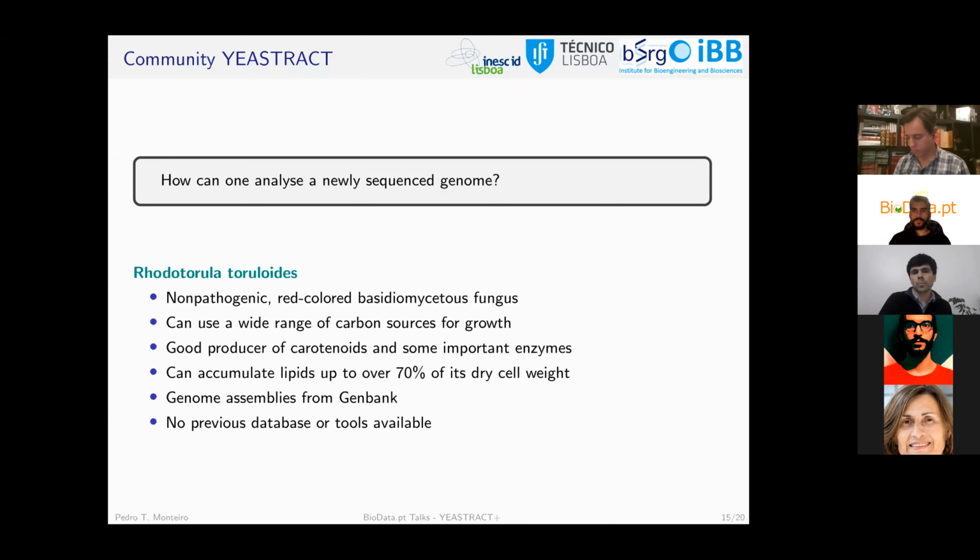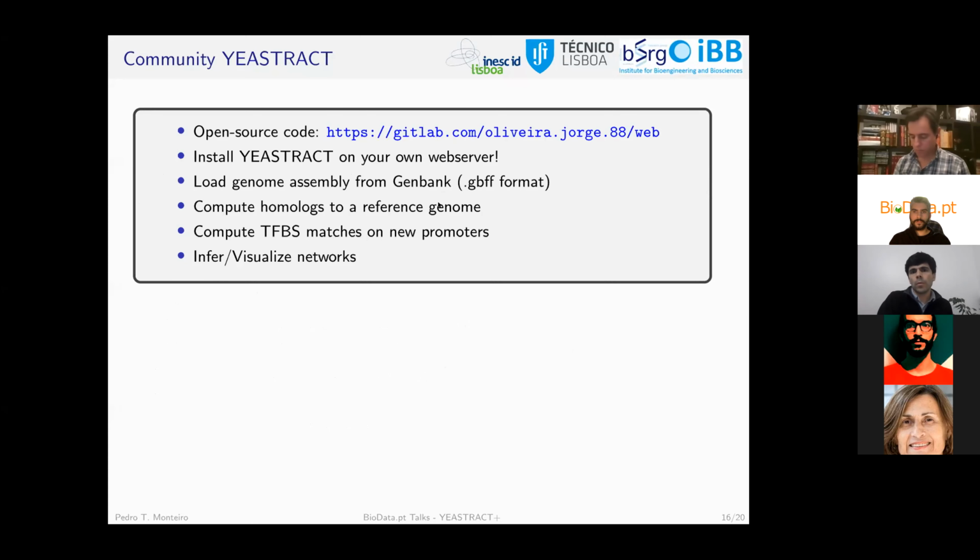And so what we actually did was to strip YEASTRACT of all the particularities and to provide all the source code and database schema open source, so you can check it and download it, and provide all the scripts that can process a genome assembly from GenBank in the GBFF format.